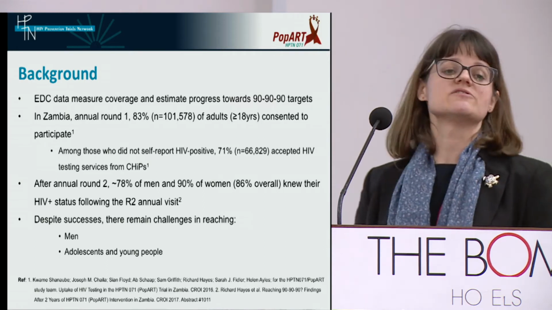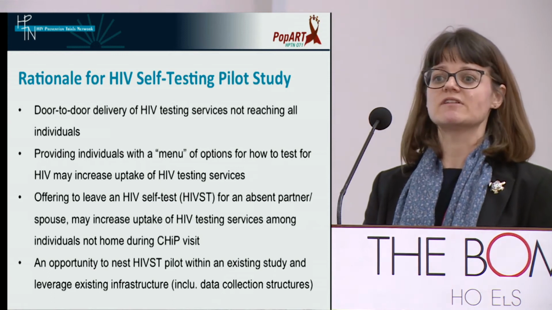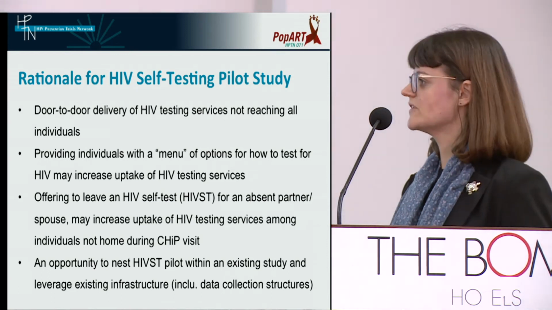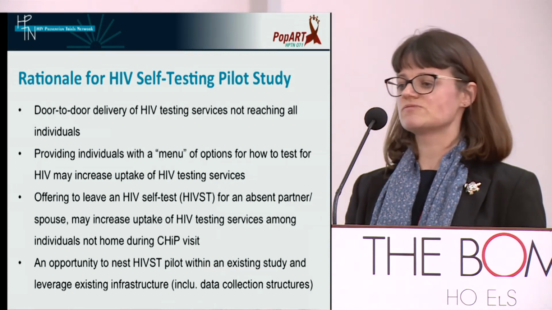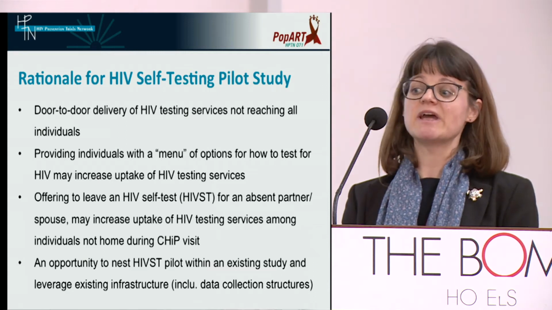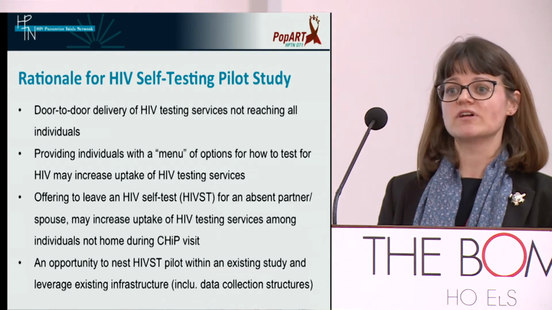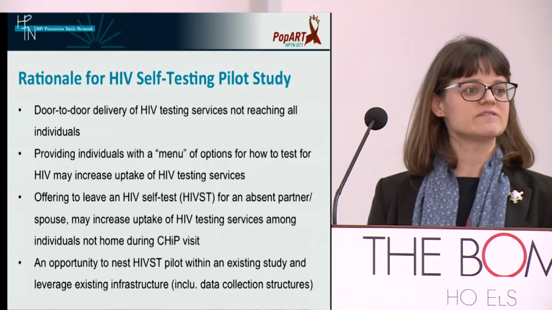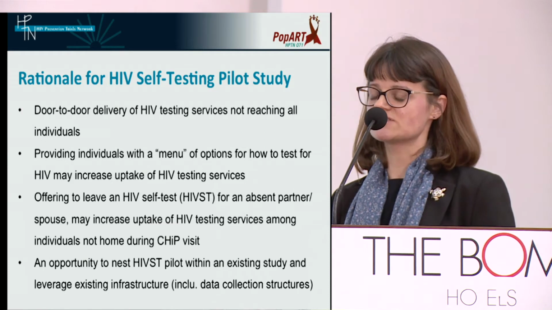So that leads on to the rationale for HIV self-testing. So not only in Zambia, but in other settings, the door-to-door offer of HIV testing services hasn't reached all populations. So the hypothesis was that providing individuals with a menu of options for how to test for HIV when someone comes to their door could encourage increased uptake of HIV testing services and thereby increase knowledge of HIV status.